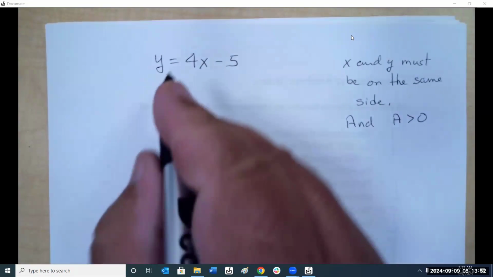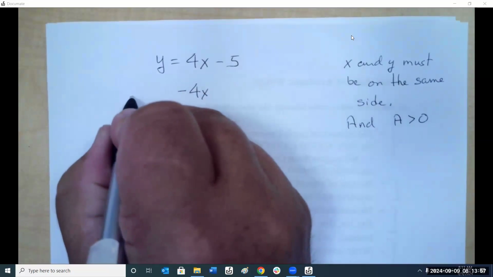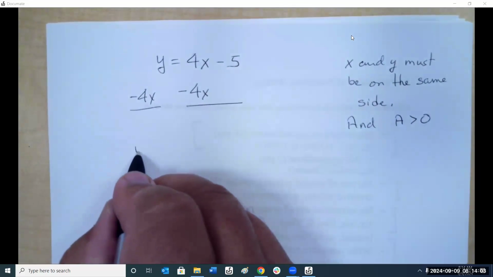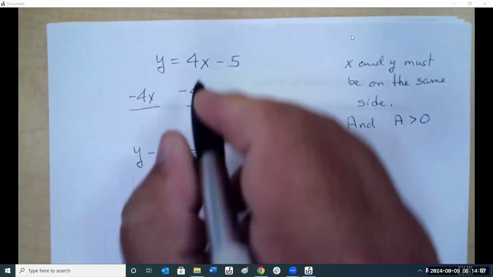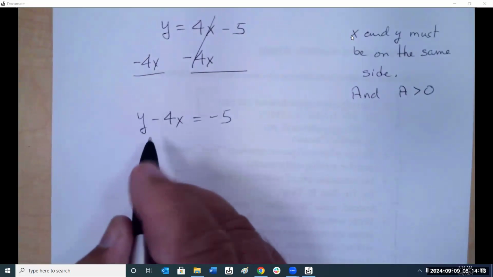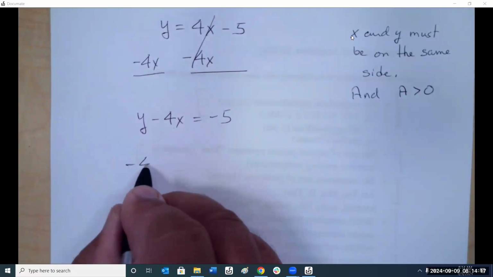So to get x and y on the same side, we subtract 4x from both sides. We have y minus 4x equals -5. X usually goes first, so we move them around by the commutativity property.